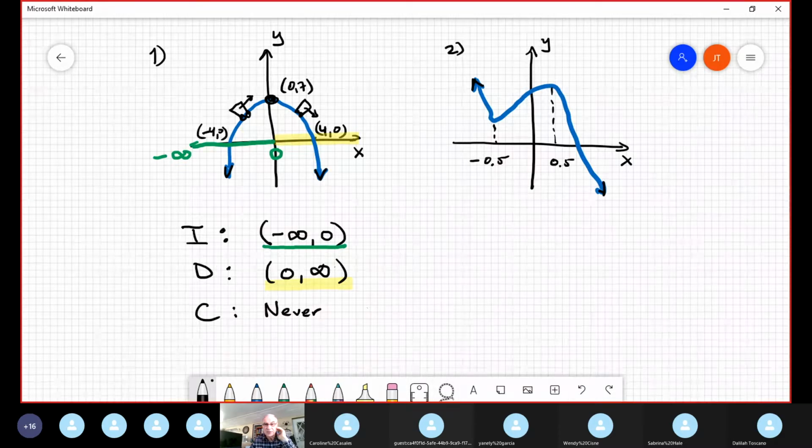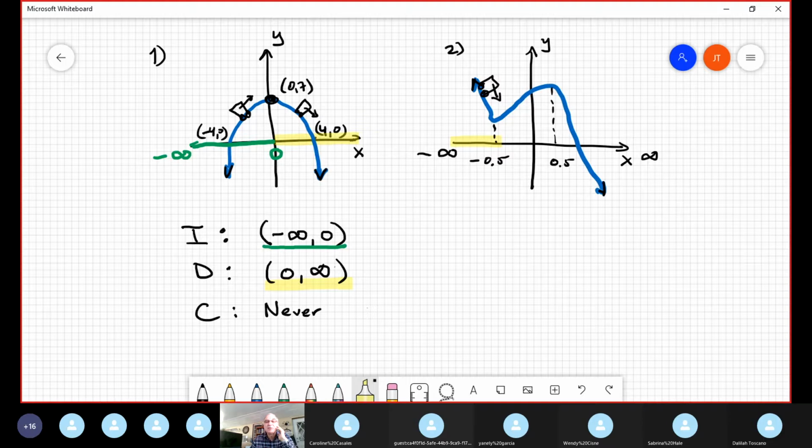Let me try the second example. It's similar. We travel from left to right, so we go from negative infinity to positive infinity in the domain, which is the real numbers. The roller coaster car is going down in this interval, so it is decreasing, yellow here, yellow here.